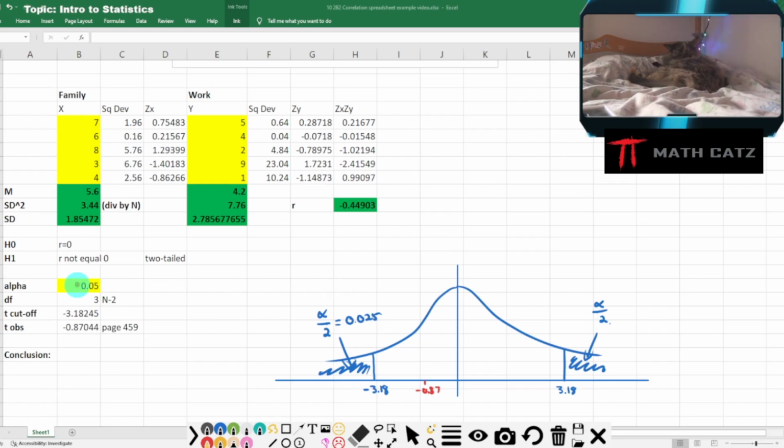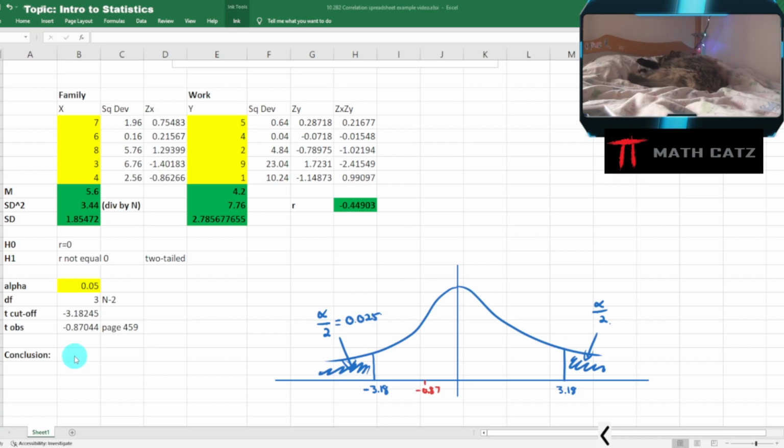And even in the case of the null hypothesis being true, meaning the true population correlation coefficient is 0, I could very easily have gotten this. So the evidence is not strong enough to suggest that the correlation is anything other than 0.